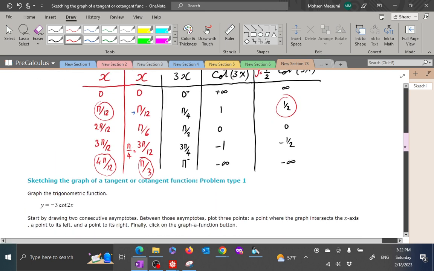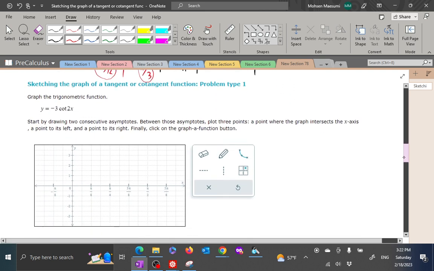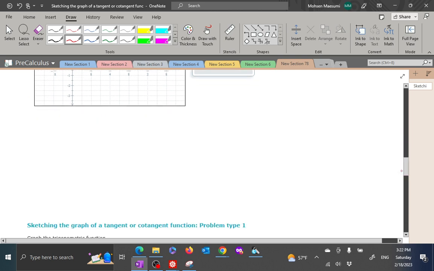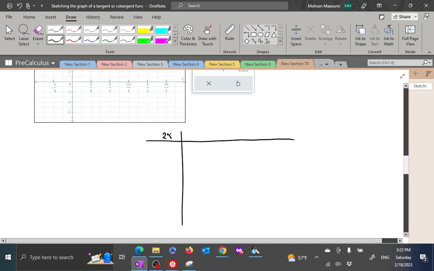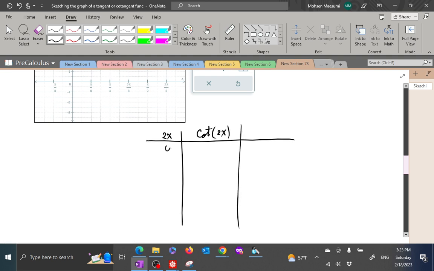Let's go ahead and do some others. Minus 3 times cotangent of 2x. So let me make my table. I have cotangent of 2x, and then as usual 0, pi over 4, pi over 2, 3 pi over 4, and then pi.